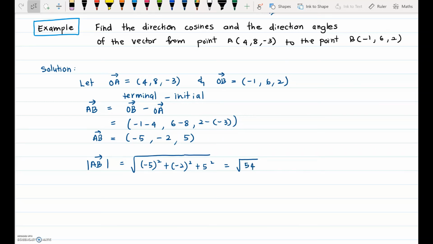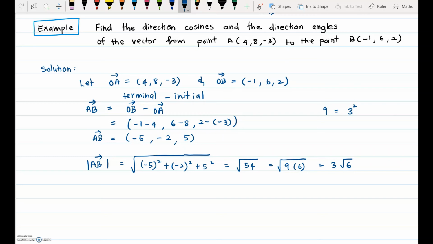Please make sure you identify whether you can simplify your square root. In this case you can write it as the square root of 9 times 6. 9 is a perfect square, equal to 3 squared, so when you simplify you get 3 square root of 6.